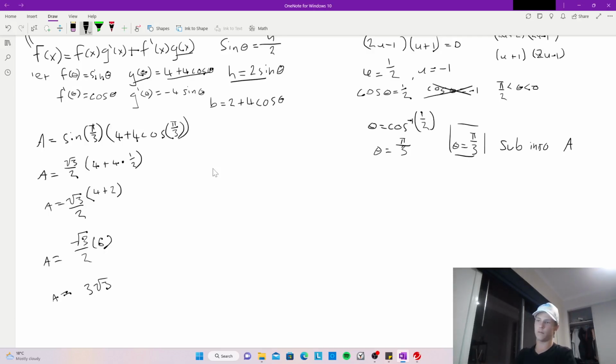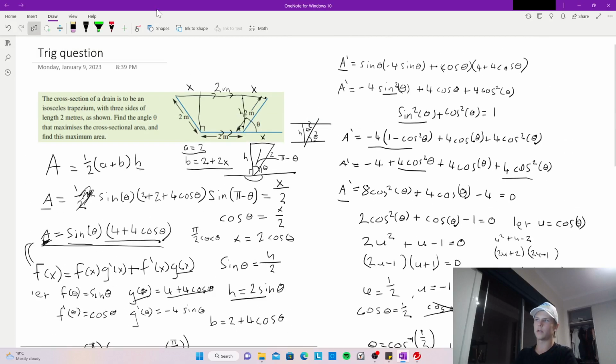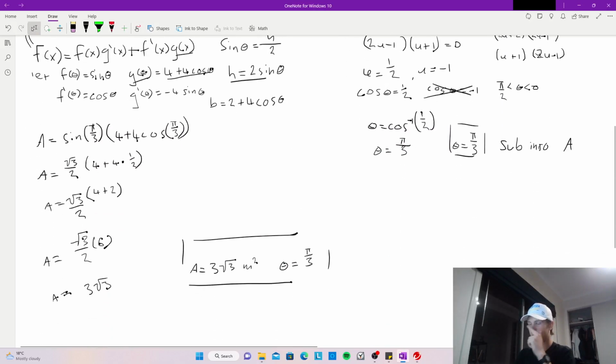You're pretty much there, and then that's our answer. A is going to be equal to 3 square root 3 meters squared, and that is when theta is equal to pi over 3. I'm pretty sure that's all we need to do for this question. And yeah, that's it for the question. Game is game.